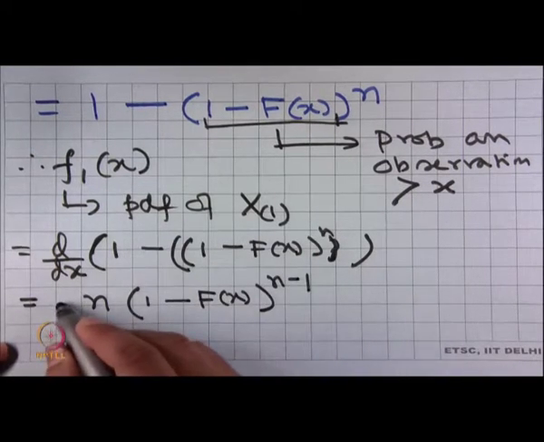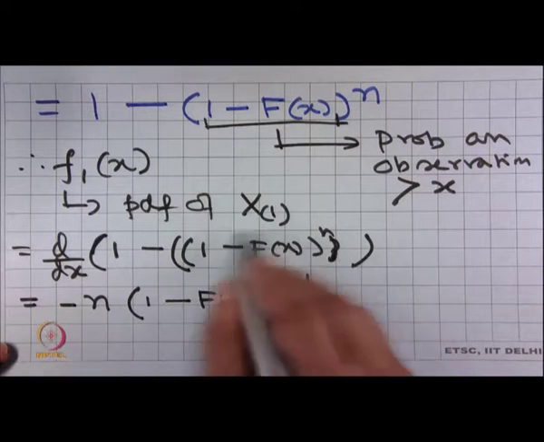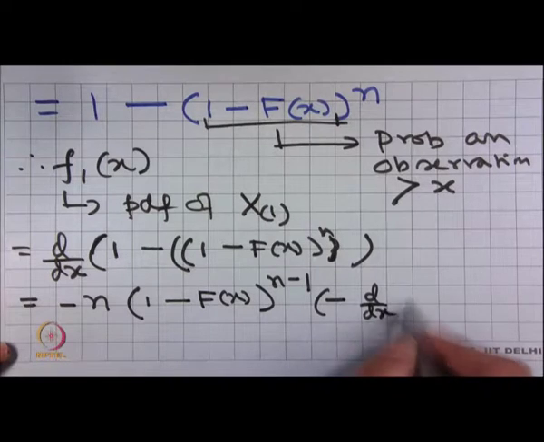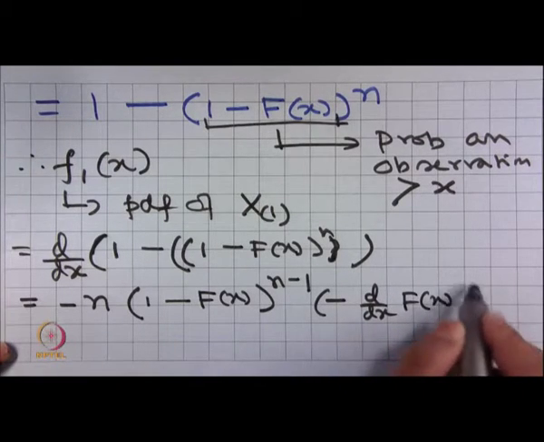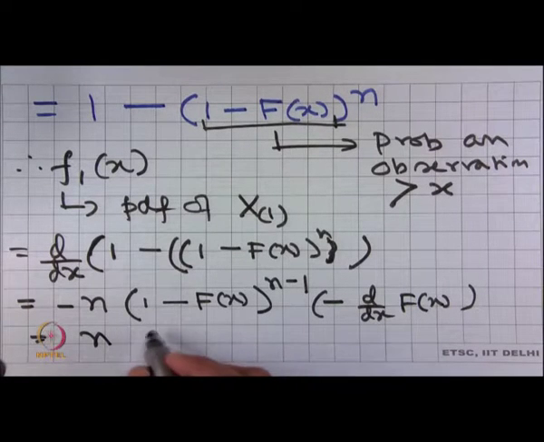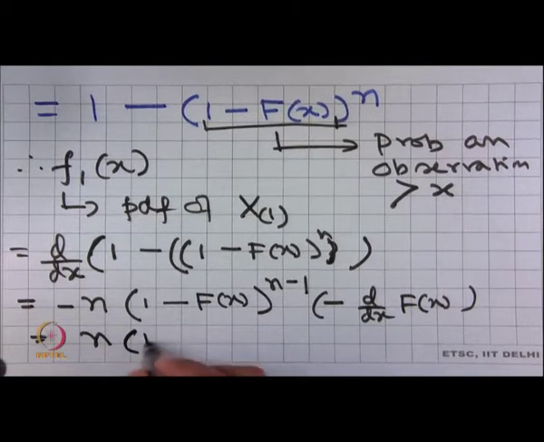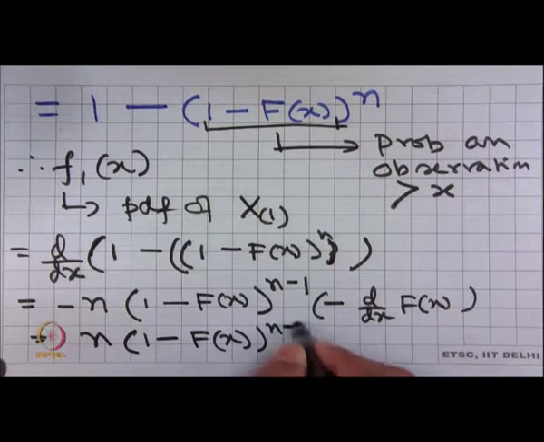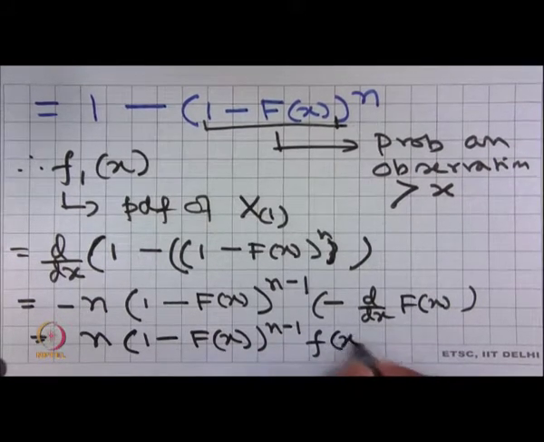This minus will give you a minus into minus of d dx of F x, is equal to n into 1 minus F x whole to the power n minus 1 into f x.